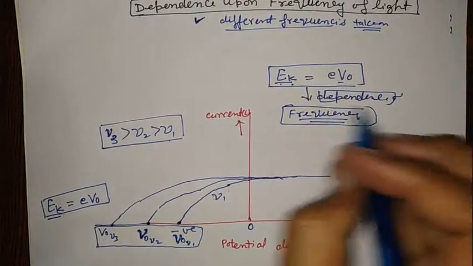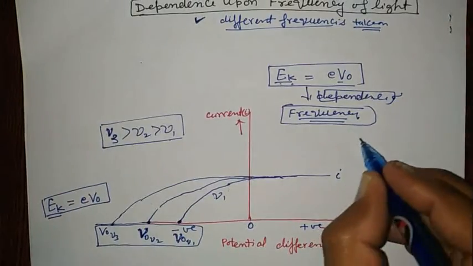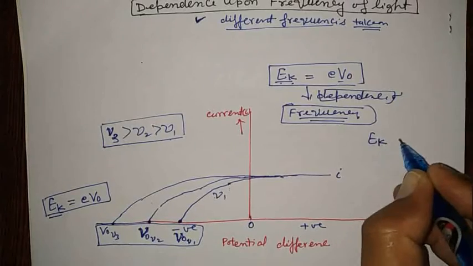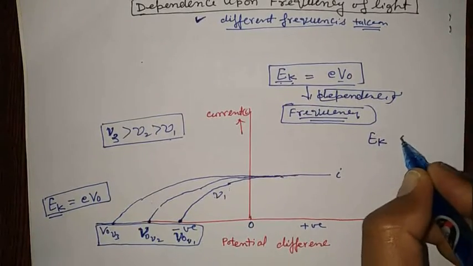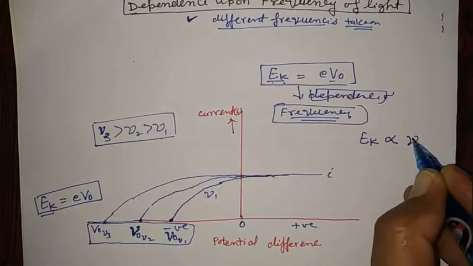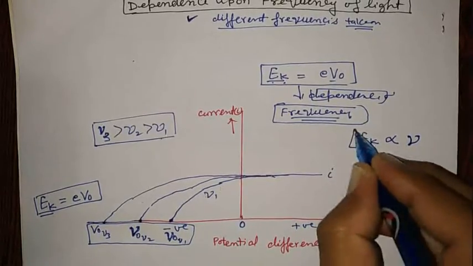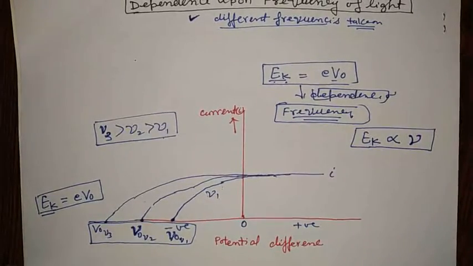Be very careful, or one may write in mathematical form: the kinetic energy of the fastest photoelectron is directly proportional to the frequency nu of incident radiation on the plate.